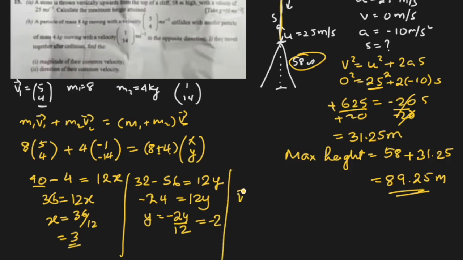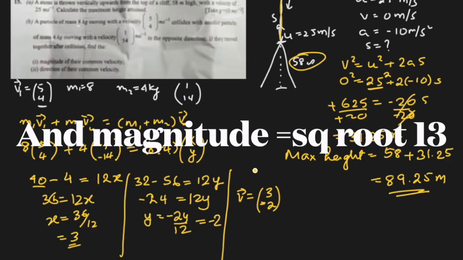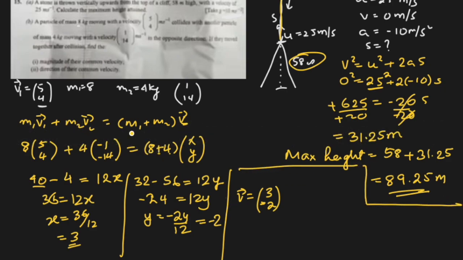So we get velocity v equal to 3i minus 2j. They're asking what is the direction of this velocity in the second part. So 3 is x positive, 1, 2, 3, here 3, and then minus 2. So this will be the direction of the final velocity.